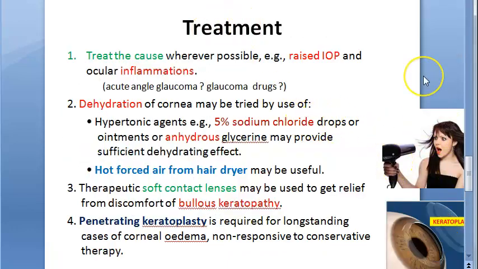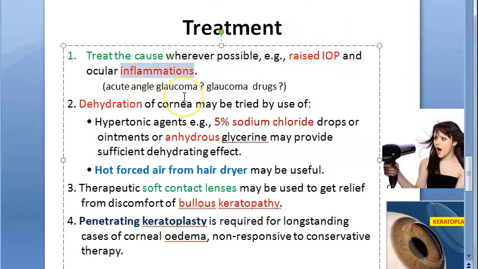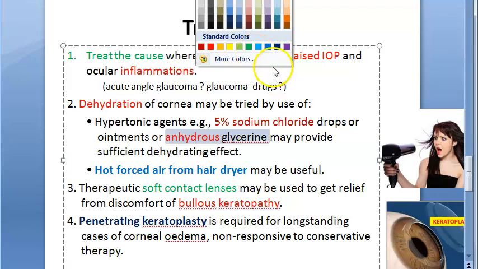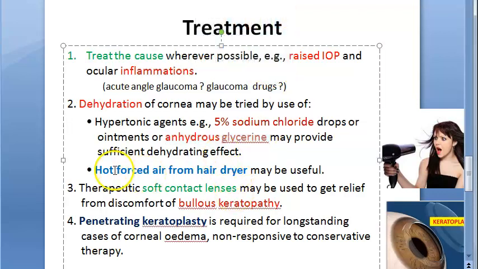Treatment, you will treat the cause, treat the raised intraocular pressure, treat the inflammation, treat the infection, treat the trauma, the burn, the injury. Dehydrate it with 5% sodium chloride, that's hypertonic, or you can give anhydrous glycerine. Hot forced air from a hair dryer.